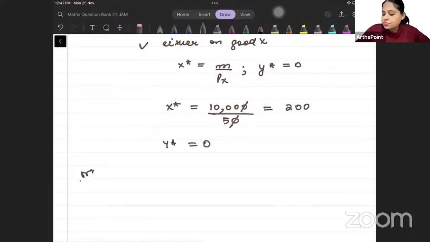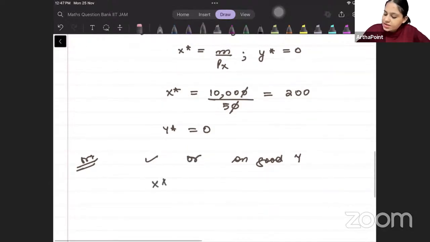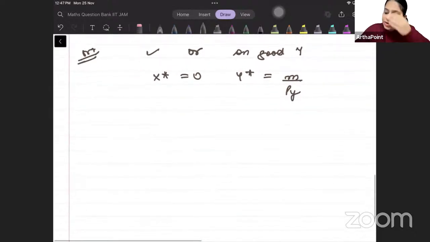Or he can spend his entire income on good Y. All his income on good Y. Right? So X star will be 0. Y star will be M by PY.